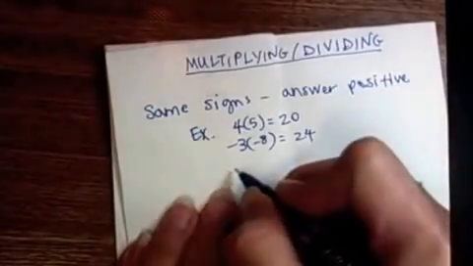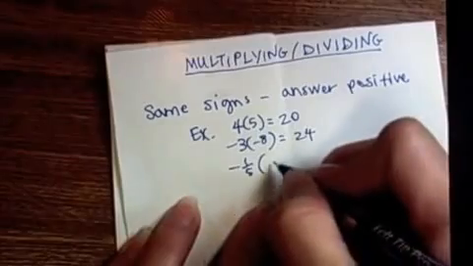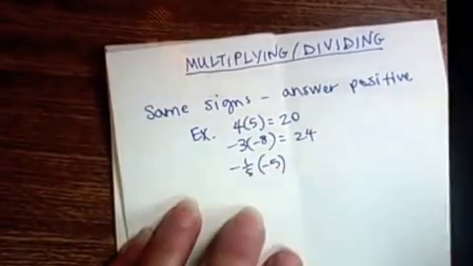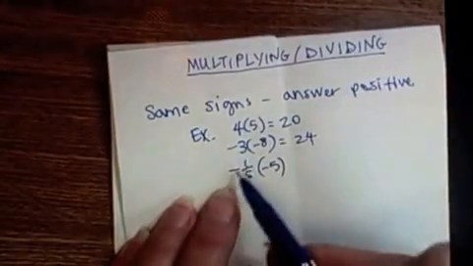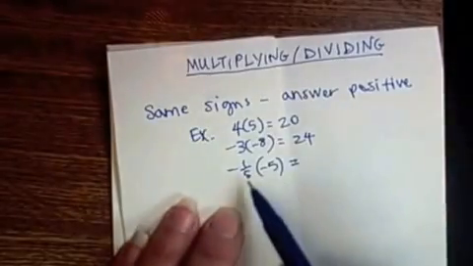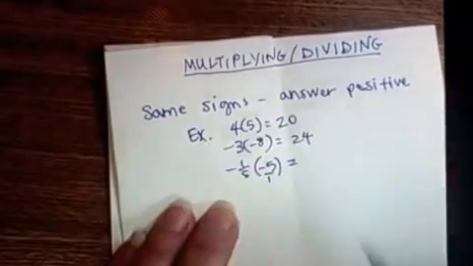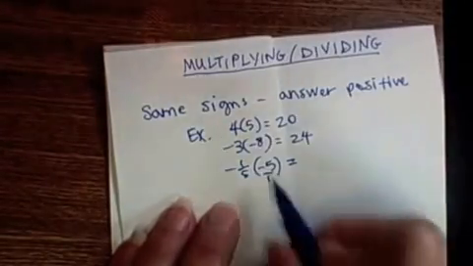If we tried a fraction, negative 1/5 times negative 5. First of all, you notice that they're the same sign, so you know that your answer is positive. Now remember, when you multiply a fraction times a whole number, you put a 1 underneath the whole number, and then you can multiply straight across.